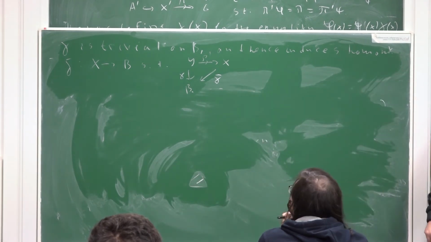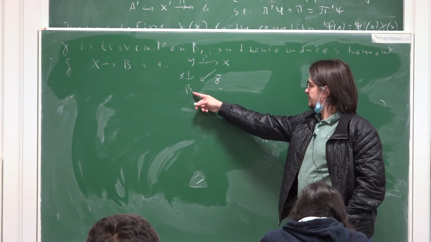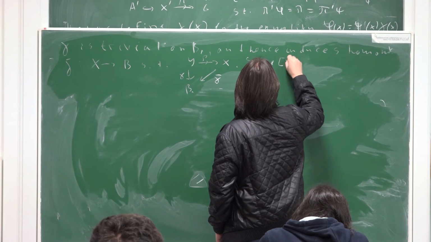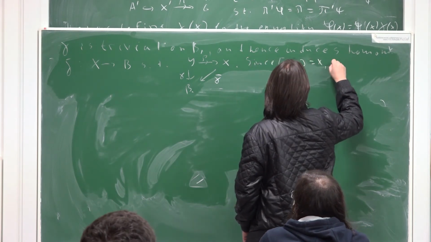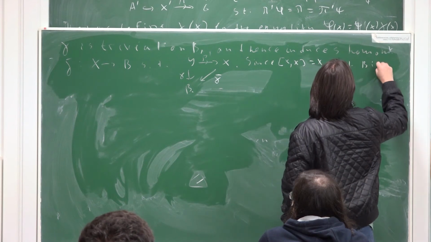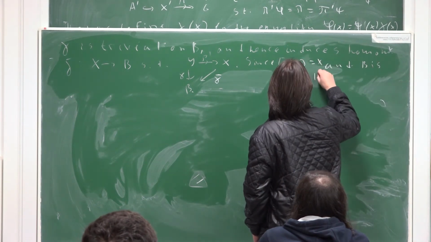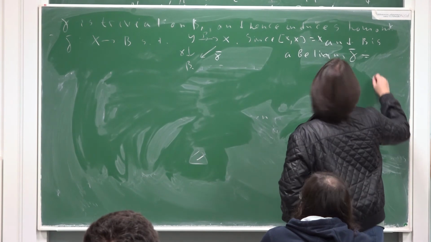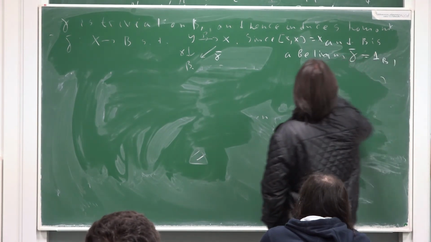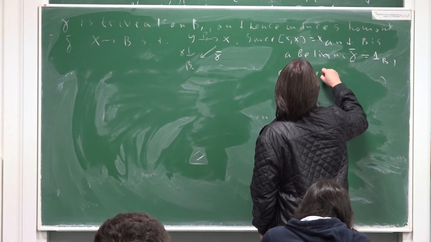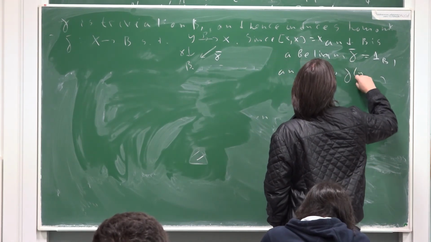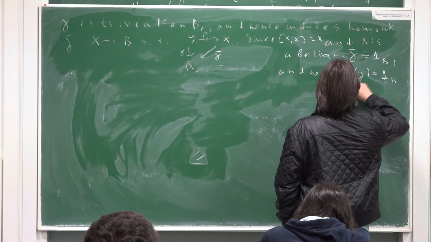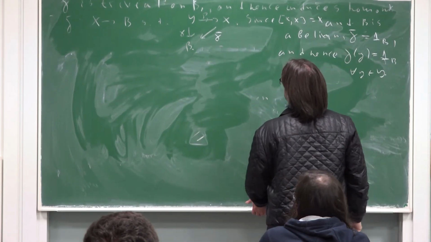But again, X is perfect, B is abelian, so γ' is trivial, hence γ of y is equal to 1_B for any y in Y, because it's simply a composition.